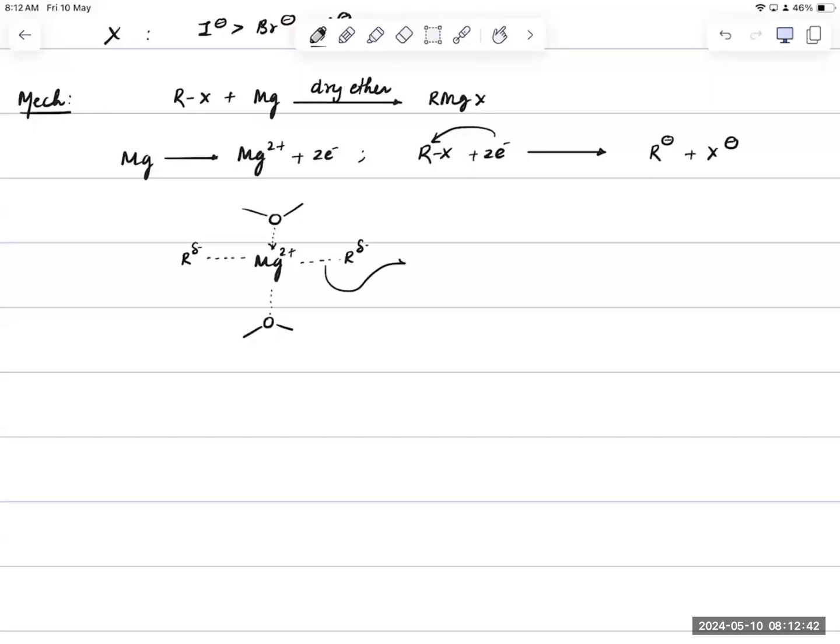So this is the bond which has been formed between R and MgX. Here it is X minus, delta minus. So here it is a polar ionic bond, while on this side it is a polar covalent bond.